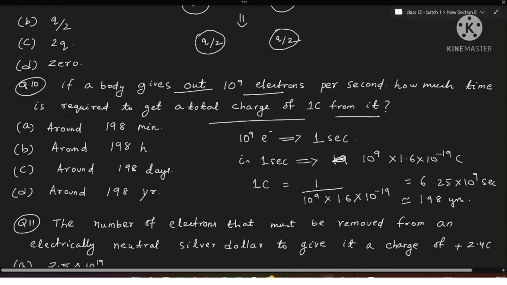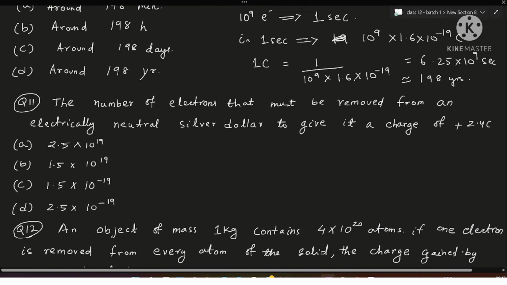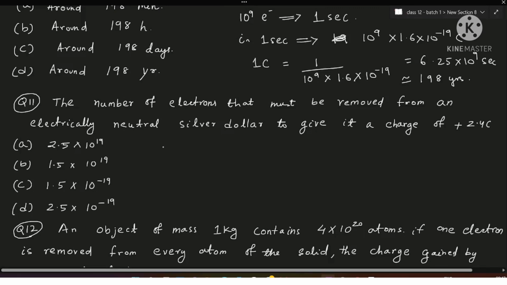Next question. The number of electrons that must be removed from an electrically neutral silver dollar to give it a charge of plus 2.4. You can simply use the formula Q equals N into E. Q is given as 2.4, N is required, and the charge of an electron is 1.6 into 10 to the power minus 19.